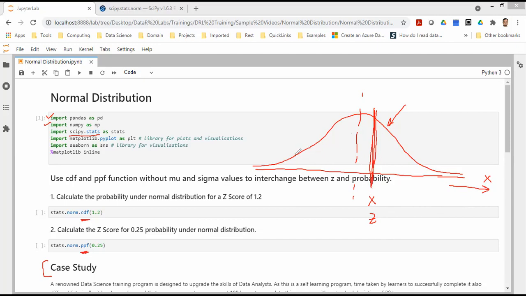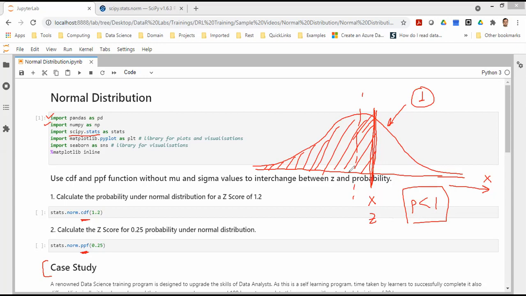Now, what does probability mean? It means nothing but the area under the curve towards the left side of this event. As we know that the entire area under the normal distribution is 1. So the probability in this case would definitely be less than 1.